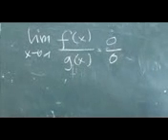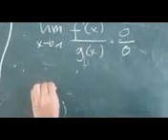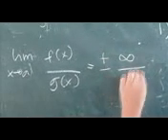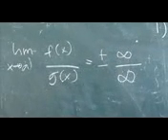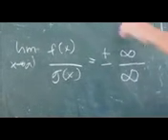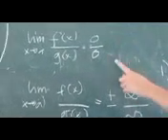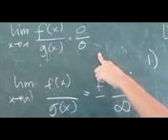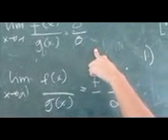In the same manner, another form is the limit of f of x over g of x as x approaches a equals positive or negative infinity over infinity. Let's keep in mind that this theorem is valid only if the limits are right-handed limits or left-handed limits.